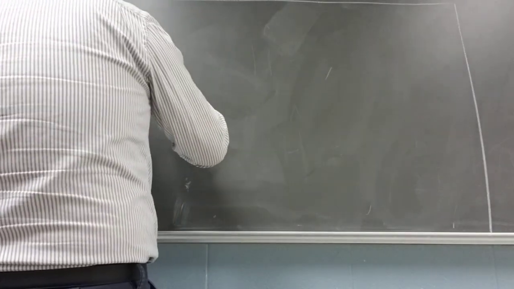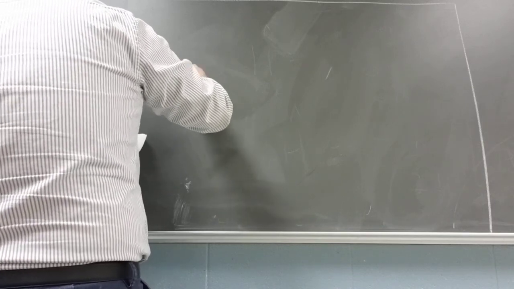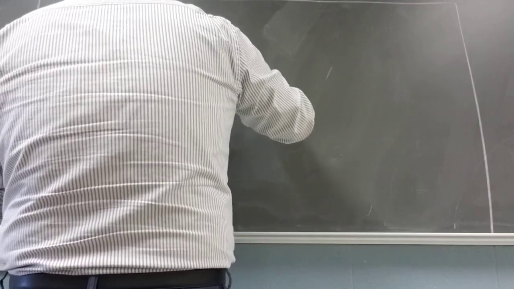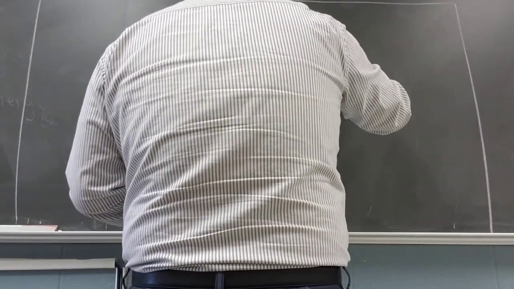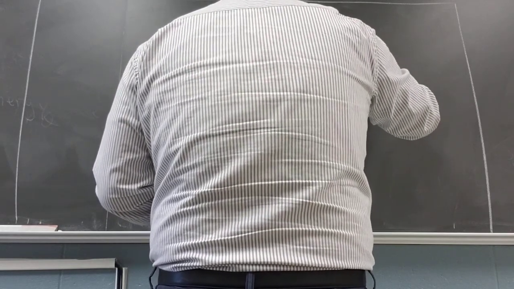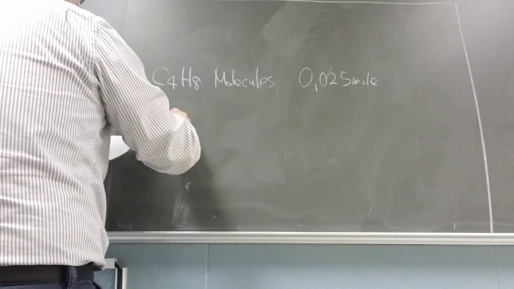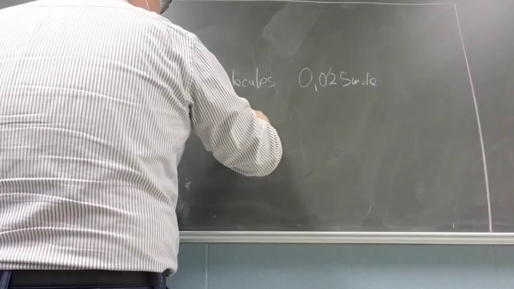the problem here. Okay. So you have 0.025 moles of butane, and you need to find the number of hydrogen atoms.